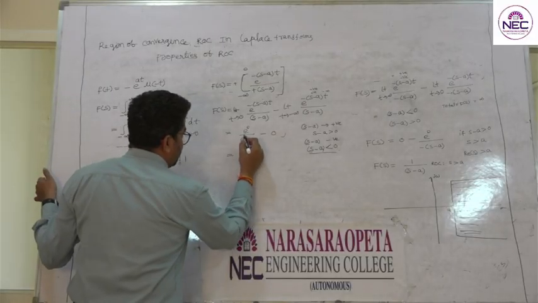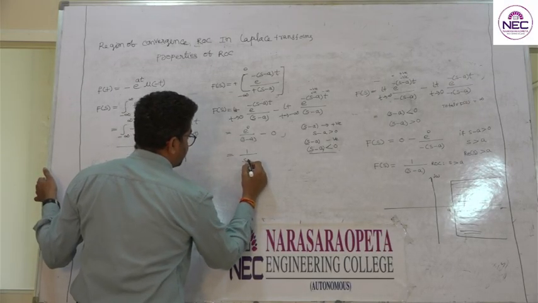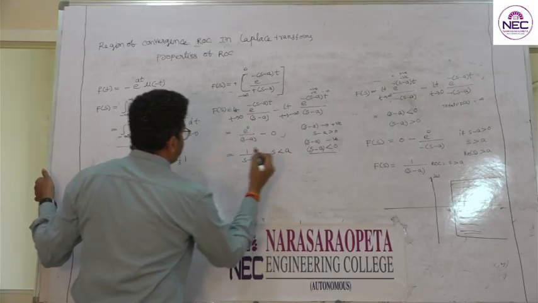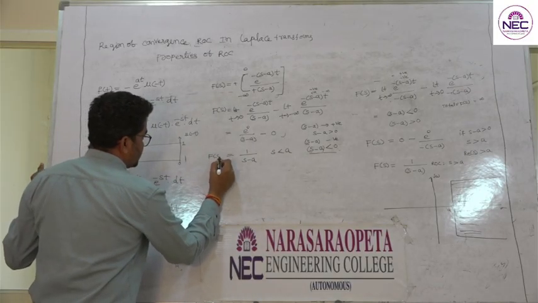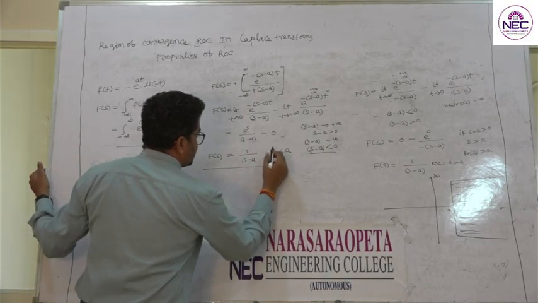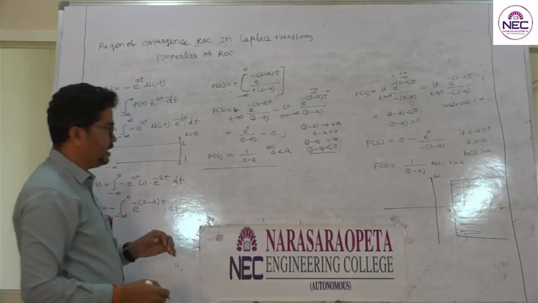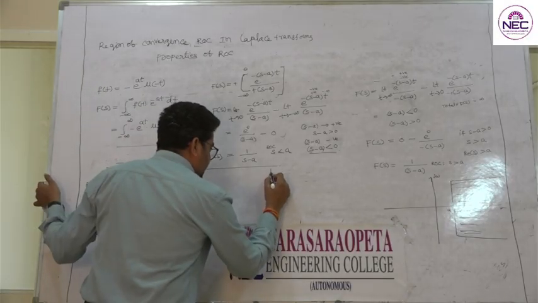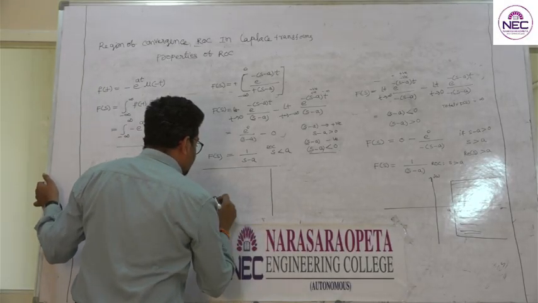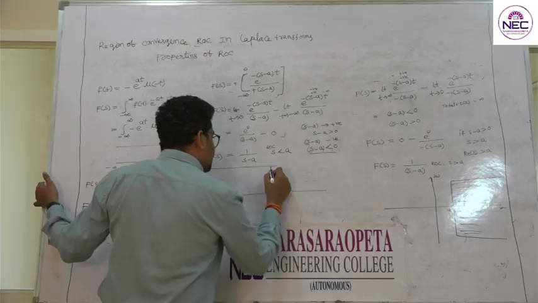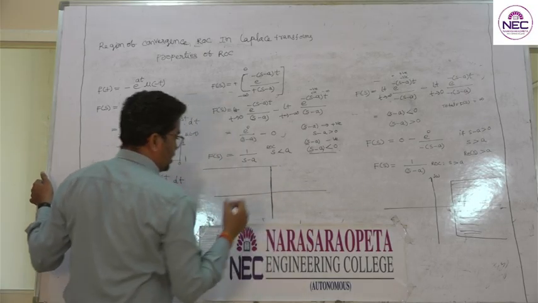Simply e power 0 gives 1 by s minus a. Here the ROC is s less than a. F of s equals 1 by s, with ROC s less than a. For a left side signal, the ROC is s less than something, a left sided ROC.